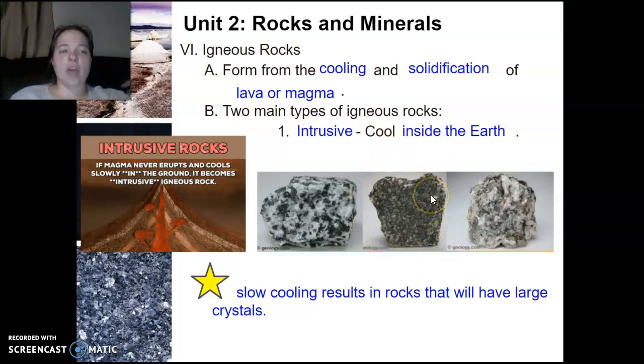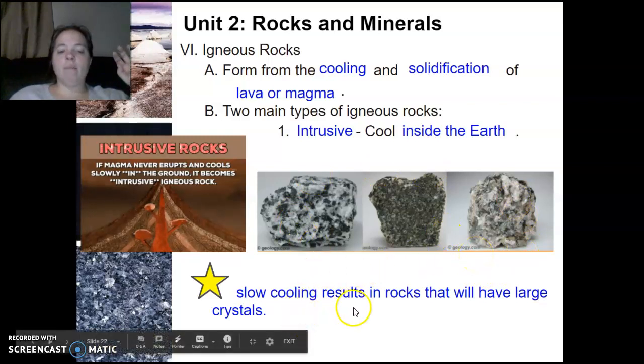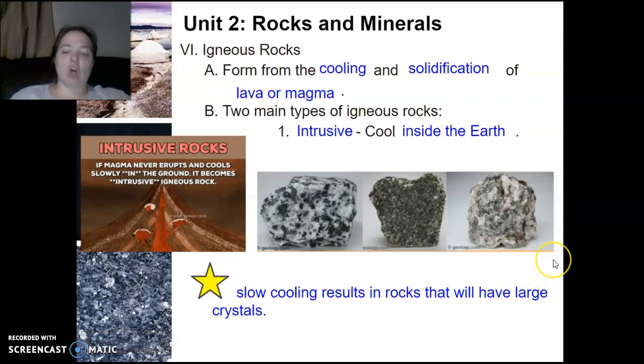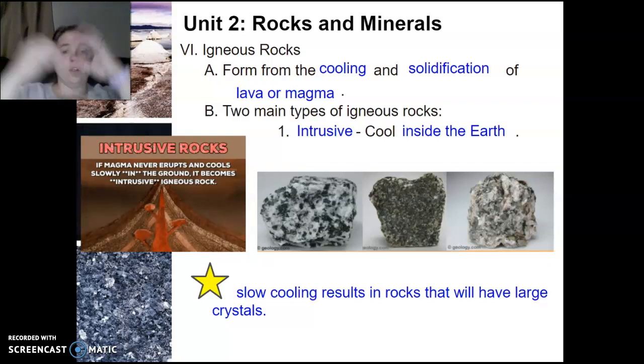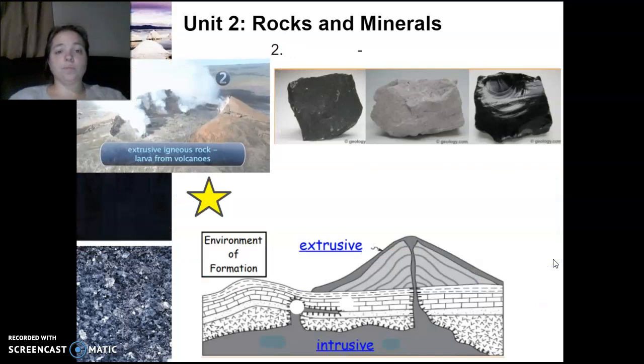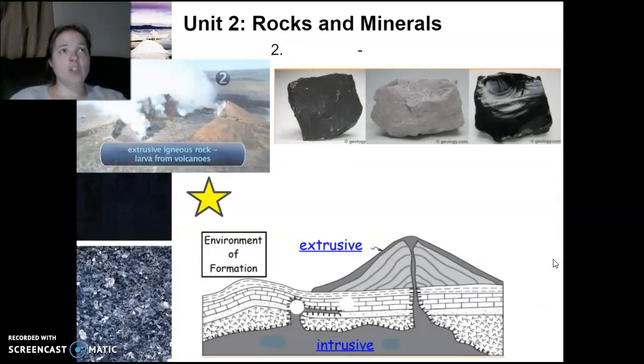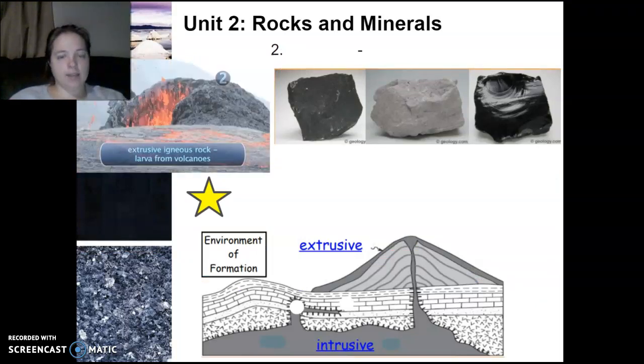So gabbro is the dark side, granite is the light side. The cooling that results in rocks that are cooled inside will have larger crystals. So intrusive, larger crystals.